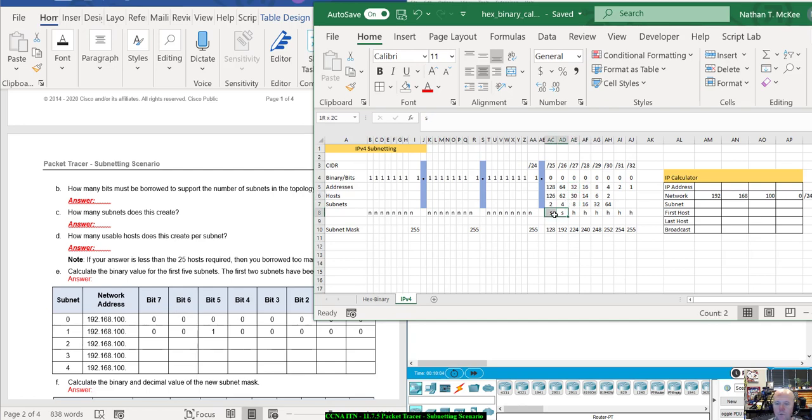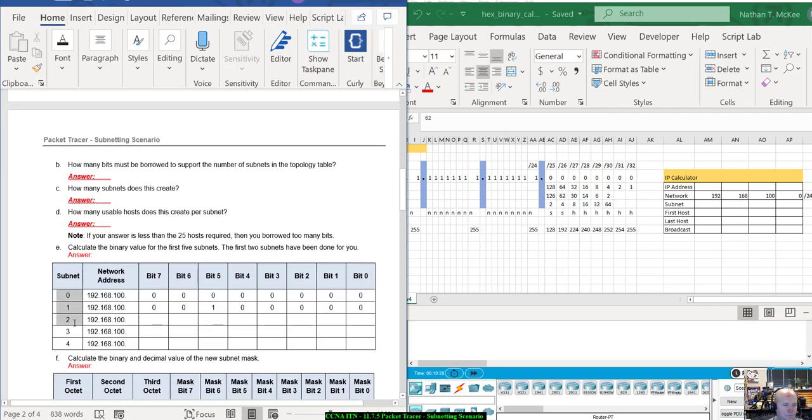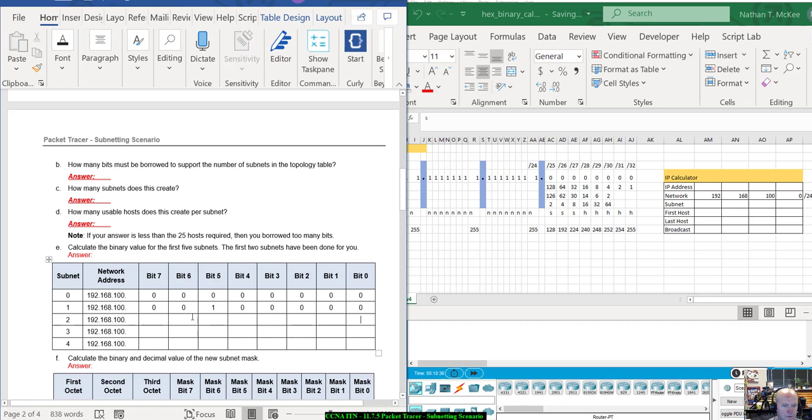If you just borrow 2, that would give you larger subnets: 4 subnets of 62 hosts per subnet. But since they're doing this, that's actually 5 subnets right there, because they're using this as a subnet also. I don't know if that's good or bad, but that's the way they're doing it.